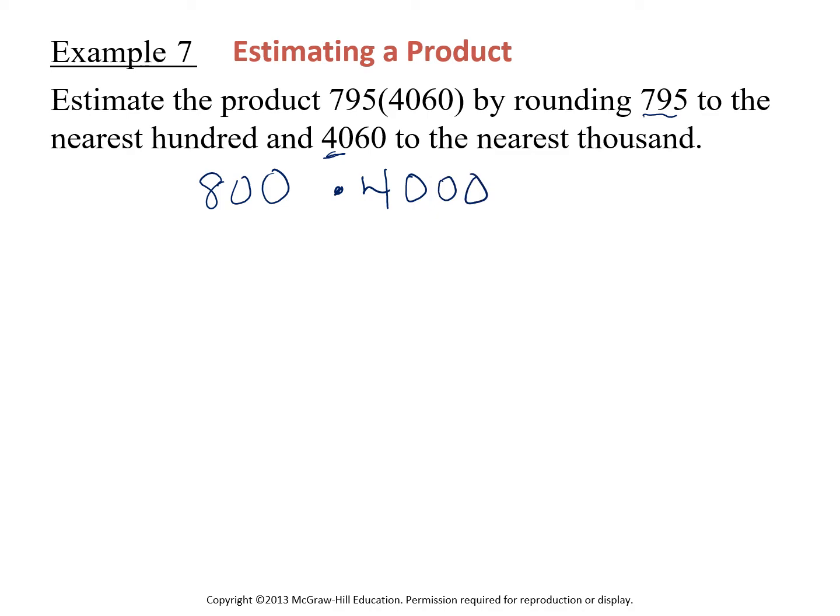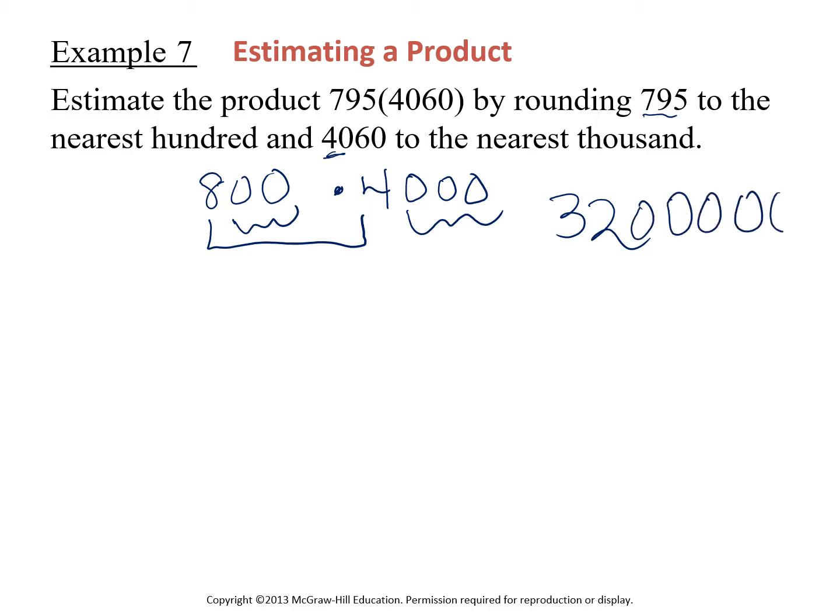And now I'm going to take a shortcut. I'm going to multiply 8 times 4, which is 32, and I'm going to tack on the same number of zeros that I have in the factors. So there's 1, 2, 3, 4, 5 zeros, giving me 3,200,000.